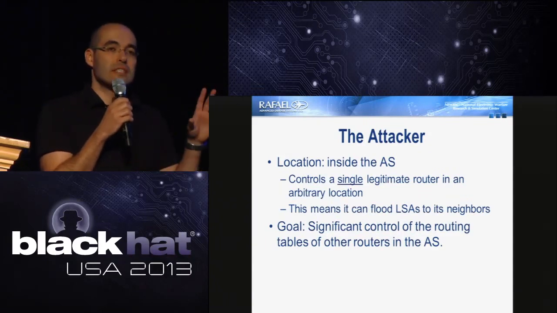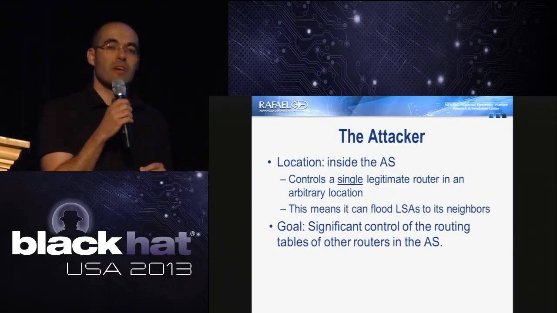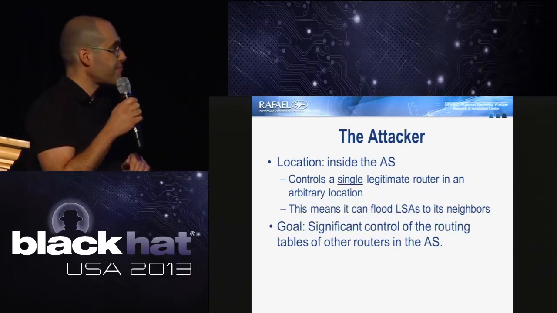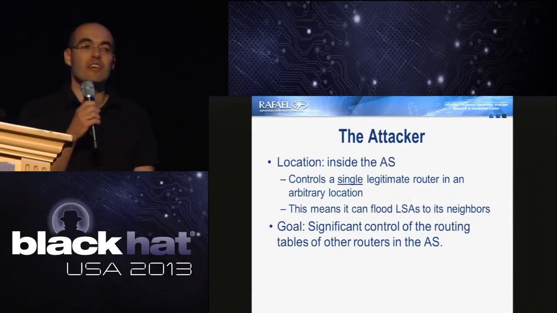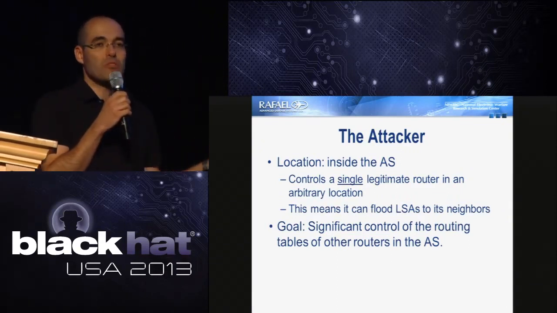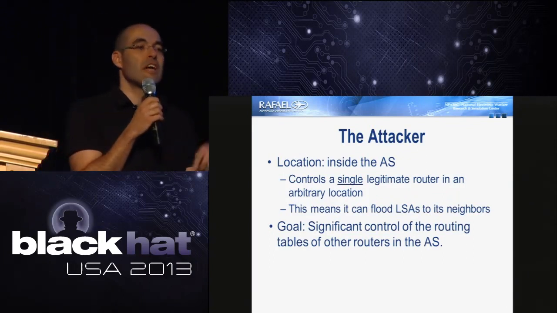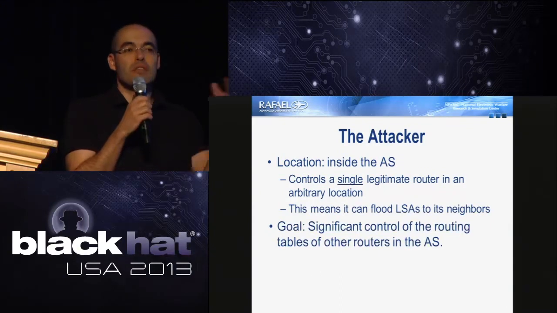In such cases, the attacker doesn't need to take control over a router within the autonomous system. The goal of the attacker is to significantly control the routing tables of the other routers within the autonomous system. It controls just a single router, and now it wishes to control the routing tables of all the other routers.